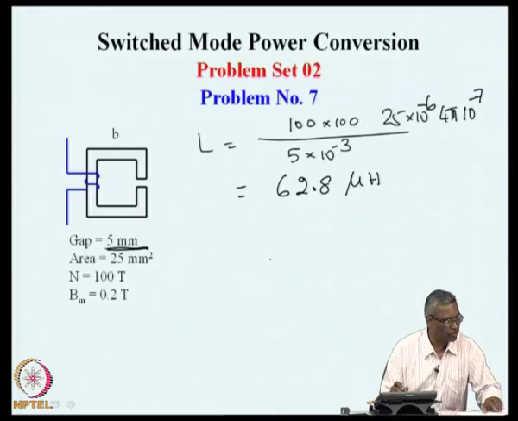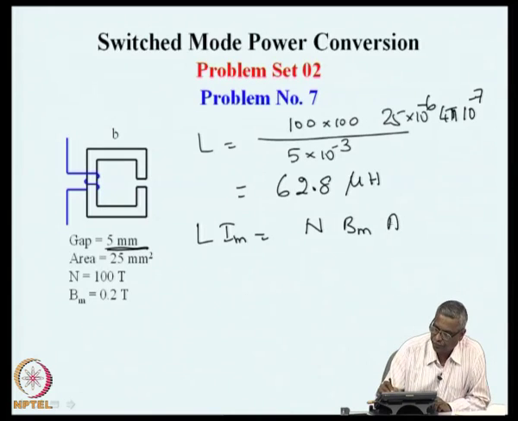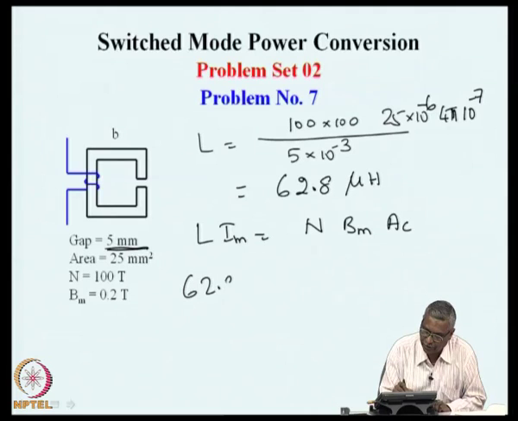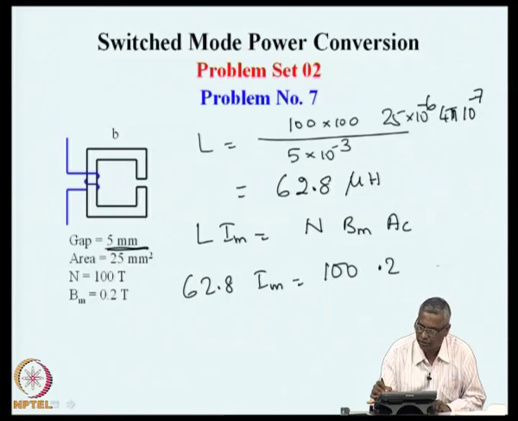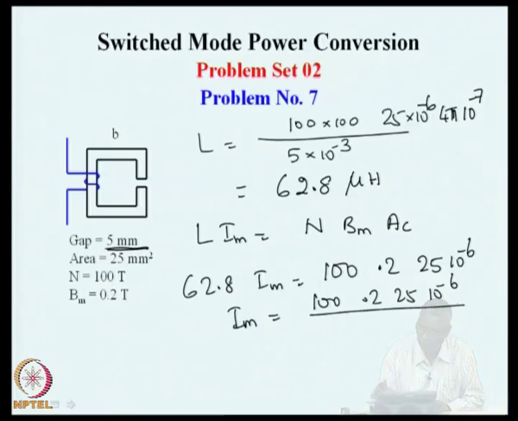Now, in this case also it is possible to find out at what maximum current this will reach the peak flux density of 0.2. 62.8 into Im is 100 turns, Bm is 0.2 Tesla, AC is 25 10 power minus 6, or Im is now just as before 100 0.2 25 10 power minus 6 divided by 62.8 microhenry.